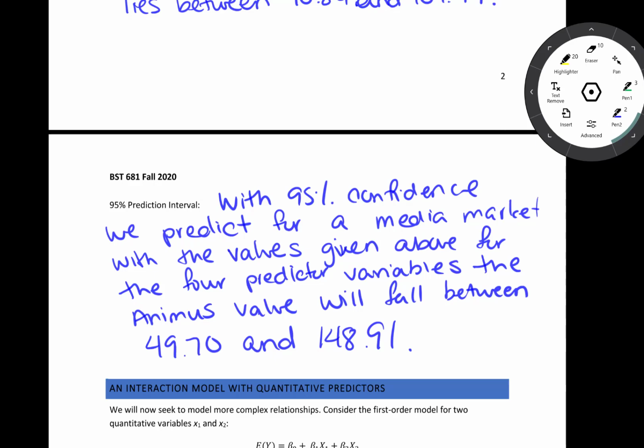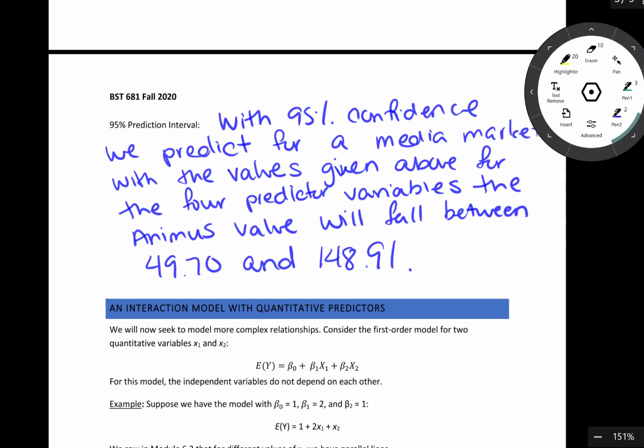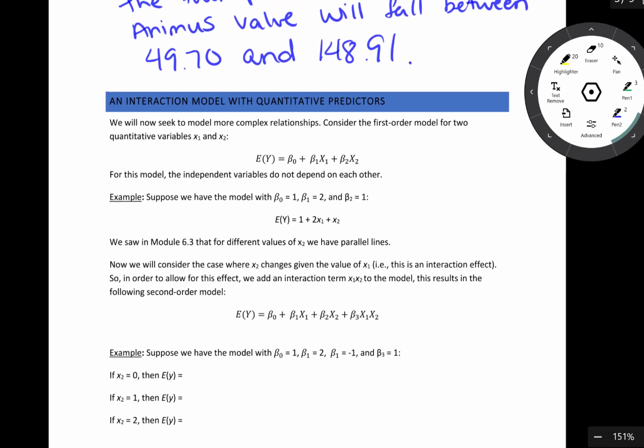All right, so far when we've talked about these models and fit them, we have considered each of the predictor variables to be independent. In other words, when we looked at our model, we had something that looked like this. If we had only 2 quantitative independent predictor variables, we would have the intercept, beta 1, beta 2 times each of them.